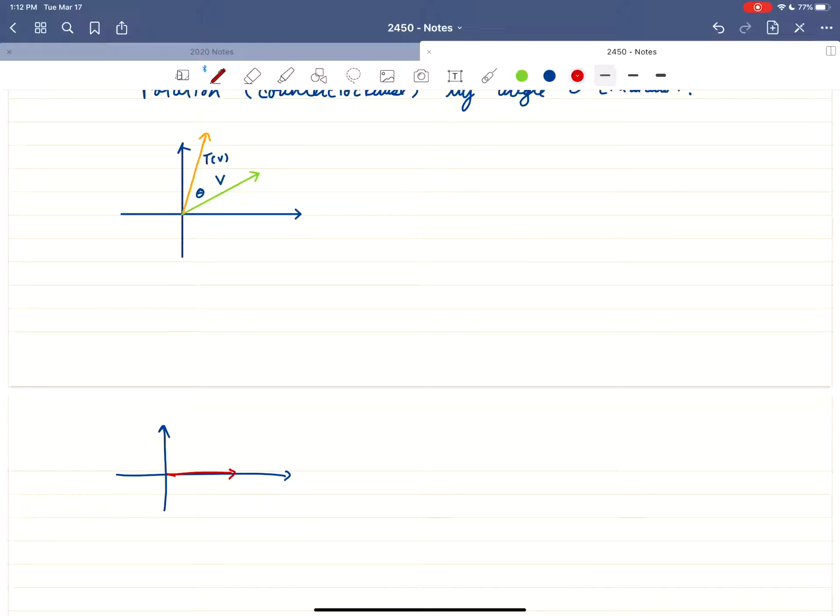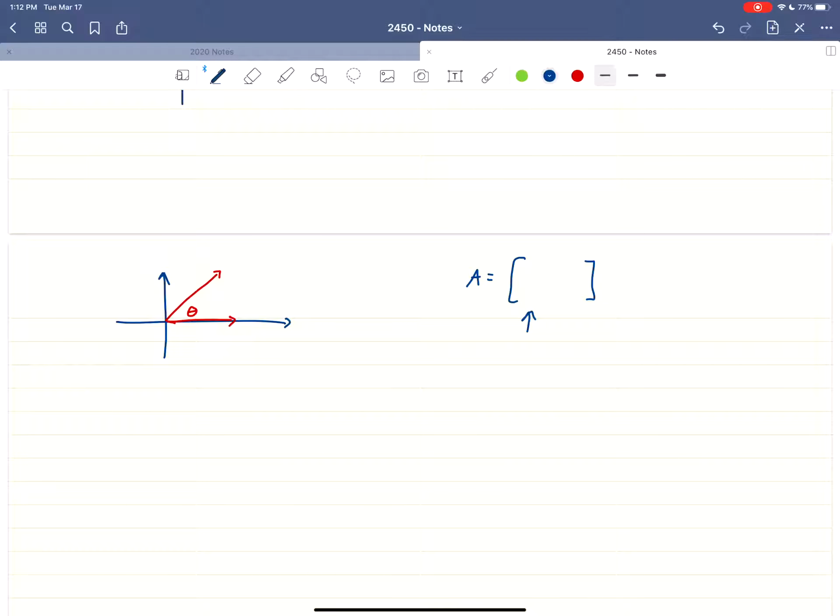So let's take our vector (1, 0), and let's take whatever our angle is, theta. We want to figure out what this new output vector is, and whatever it is, that's going to be the first column of our matrix.